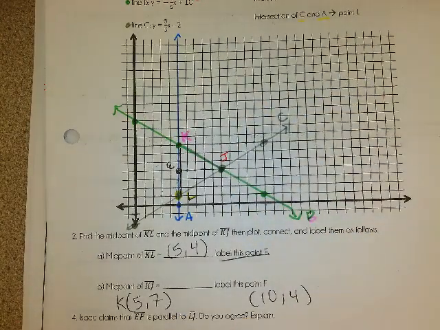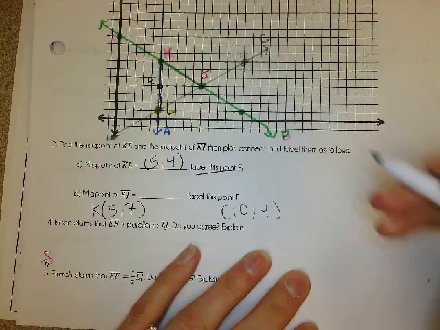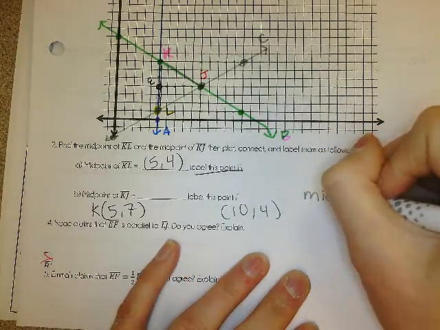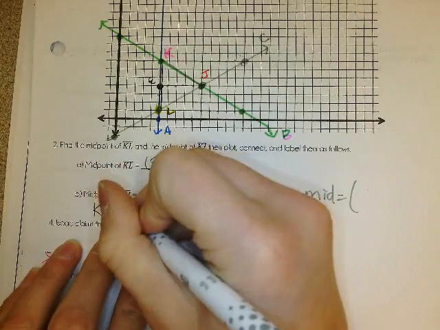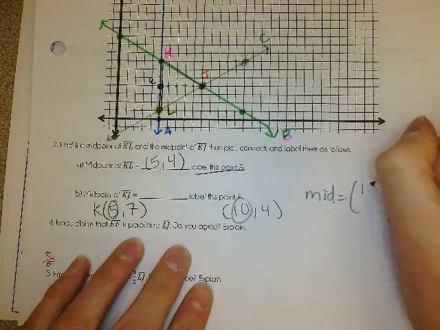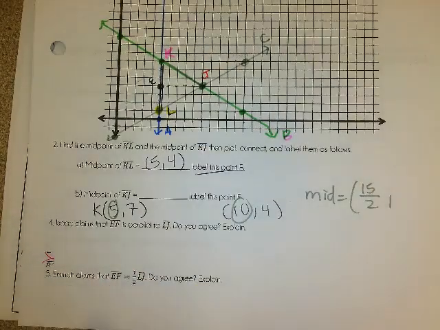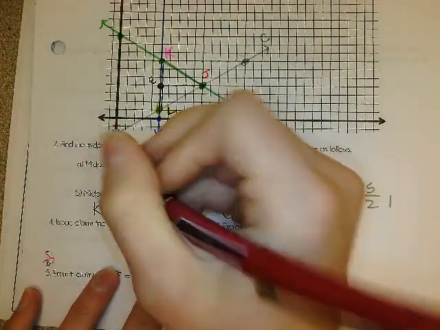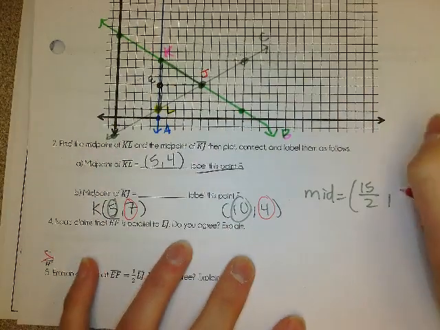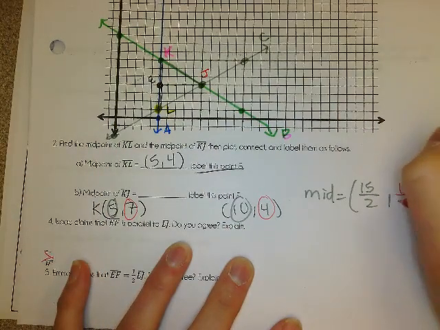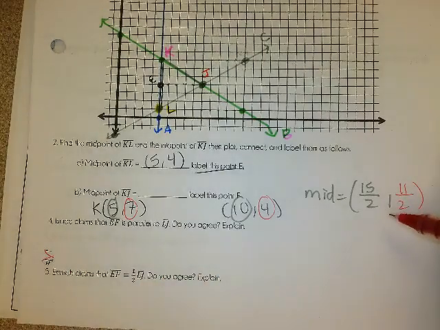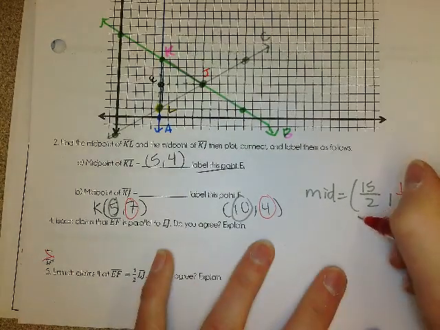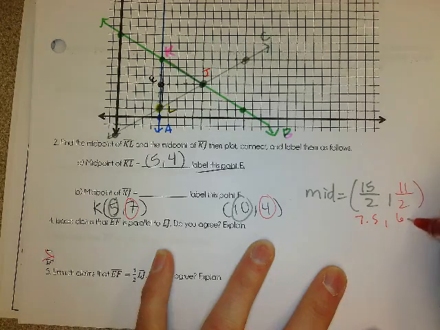Alright, so when we find the midpoint, remember the midpoint formula is x1 plus x2 over 2, and then y1 plus y2 over 2. So I've got 7.5 and 6.5.